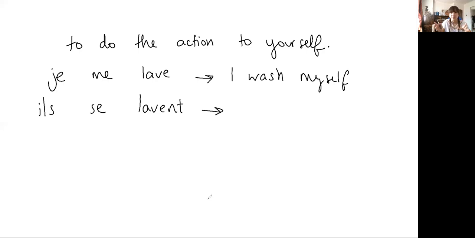You know how cats do, it's very cute. So that could mean both of that actually, and only the context of the sentence will help you. And French people actually get confused sometimes, and they have to ask for clarification. So, wait a minute, who's cleaning? What's happening here? Because that's one ambiguity of the French language.